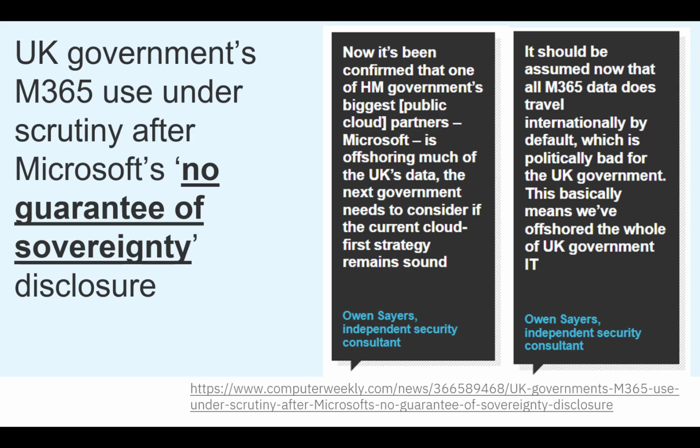But where is that data stored? Well, Computer Weekly recently, this week, published an article that suggests that data might not exist in the country that you think it exists.